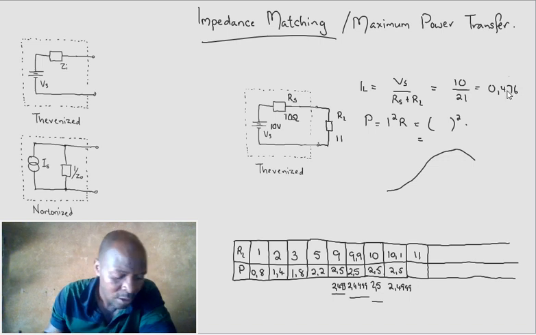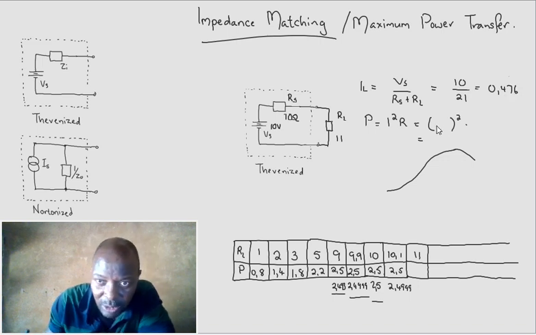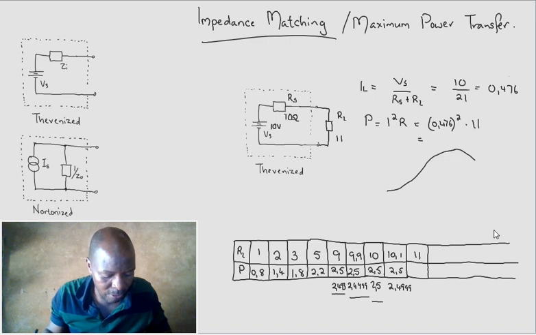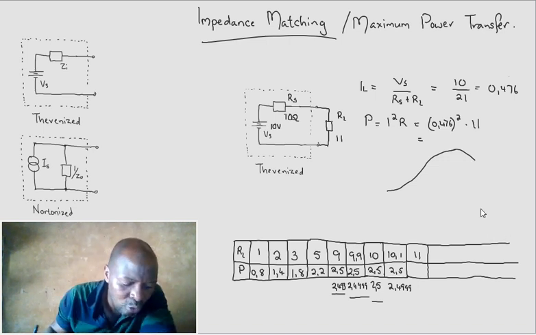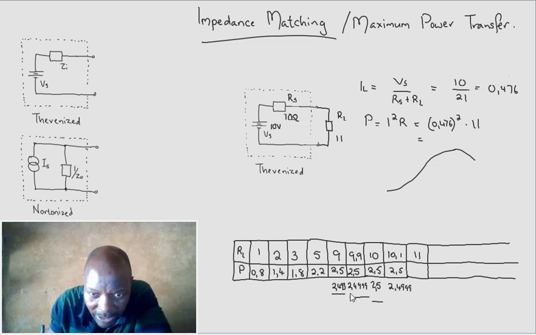Fit it into our formula, squared times 11, and it gives us 2.494.